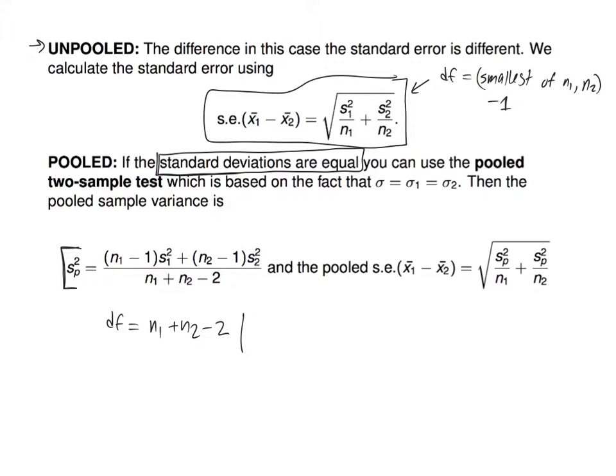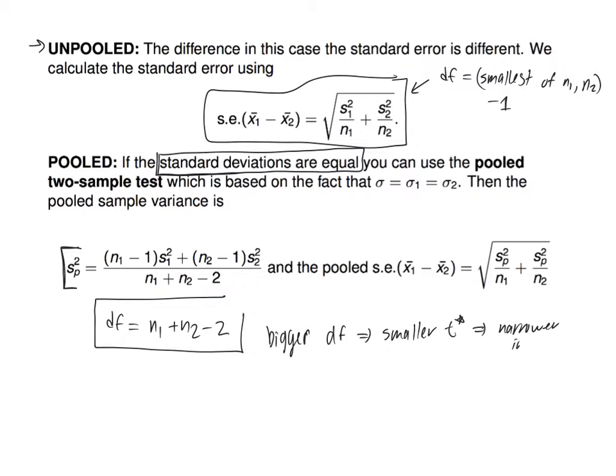And remember that bigger degrees of freedom shrinks your T star, right? Which makes your interval narrow. So bigger DF implies smaller T star, which leads to a narrower interval.